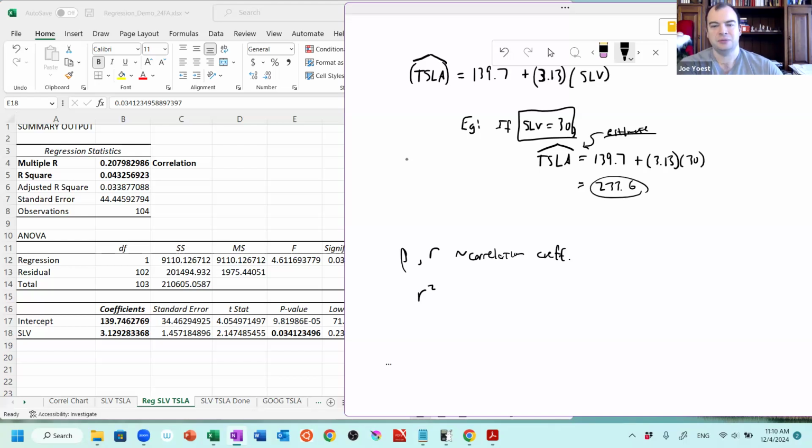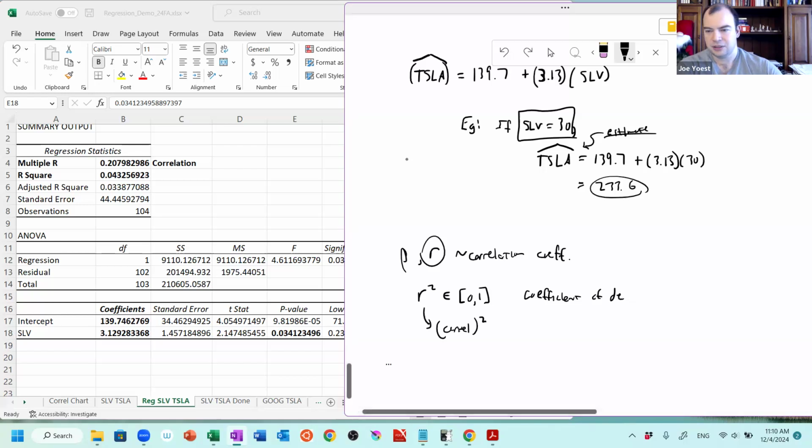If I look at R squared, which is literally just calculated as the correlation coefficient squared, multiplied by itself, and I multiply a number between -1 and 1 by itself, it's going to be between 0 and 1. So R squared is what we call the coefficient of determination.